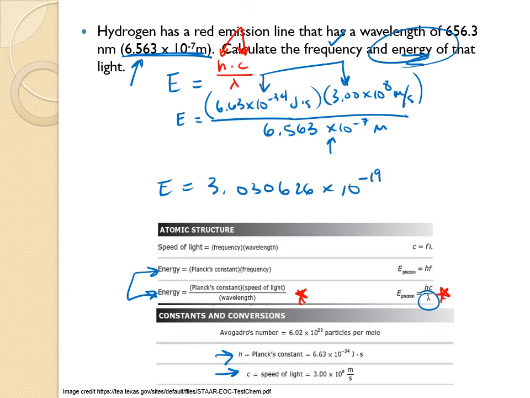Sig fig check. I have 1, 2, 3, 1, 2, 3, 1, 2, 3, 4. I get to keep 3. 1, 2, 3. That 0 doesn't do anything. So it's going to be 3.03 times 10 to the negative 19.